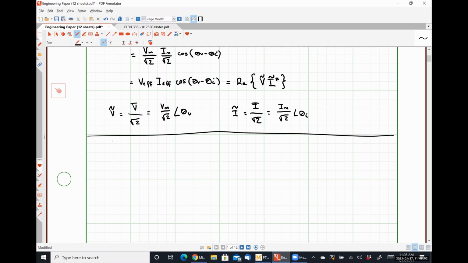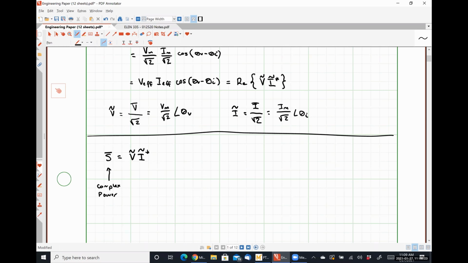Let's say that S with a bar over it, because it is a complex number, is V times I complex conjugate. S is the symbolic representation of the complex power.